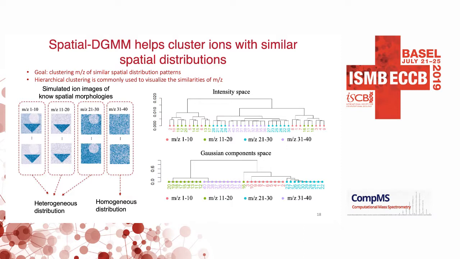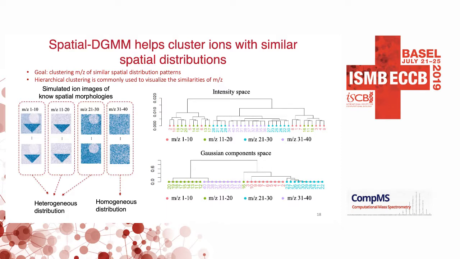Hierarchical clustering is commonly used for this task. Here we want to compare using intensity or using Gaussian component as input of the hierarchical clustering. We simulated 40 ion images, and they have 4 different spatial distribution patterns, and 3 of them are heterogeneous distributions, and 1 of them is a homogeneous distribution.